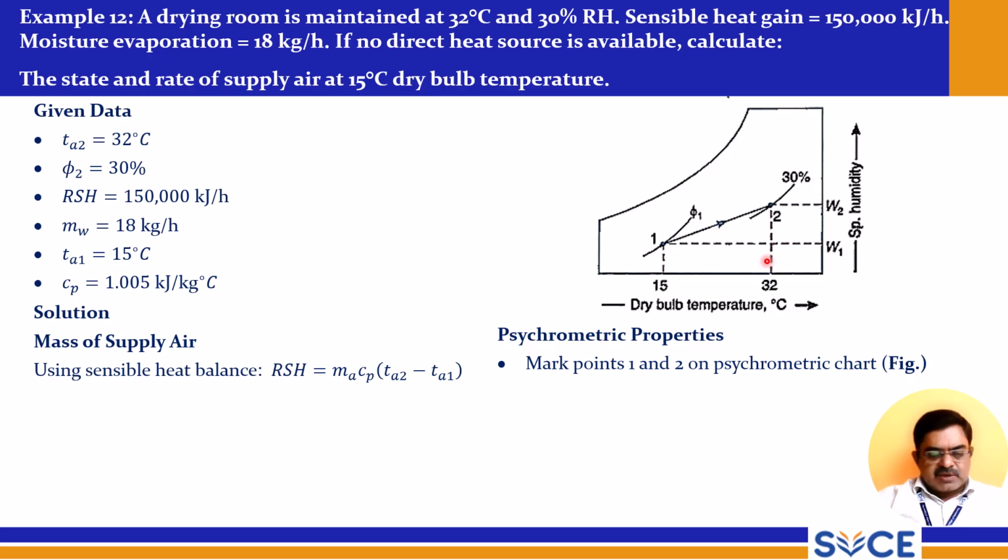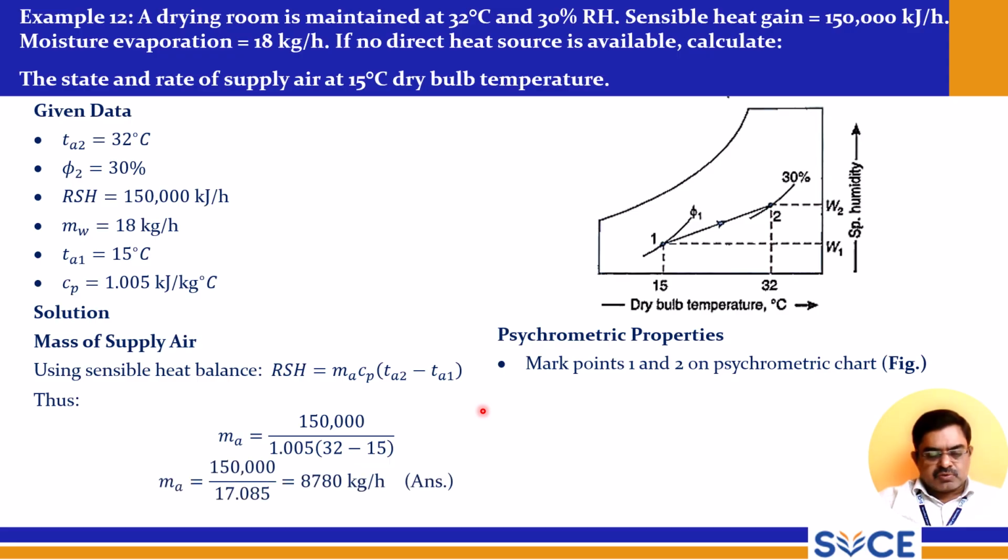Using sensible heat balance, RSH equal to MA Cp (TA2 minus TA1). Thus MA equal to 1,50,000 divided by (1.005 into (32 minus 15)). MA equal to 1,50,000 divided by 17.085, that is 8,780 kg per hour.